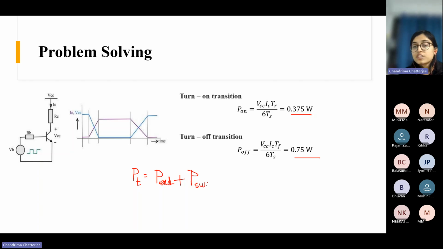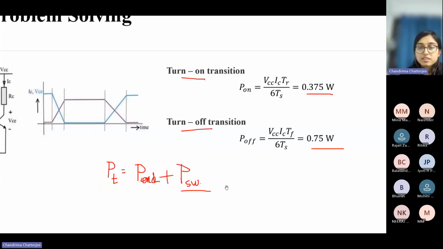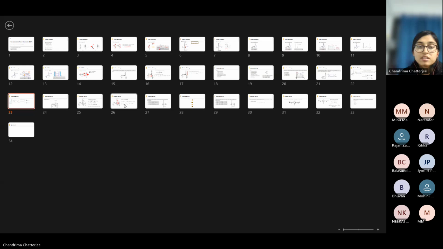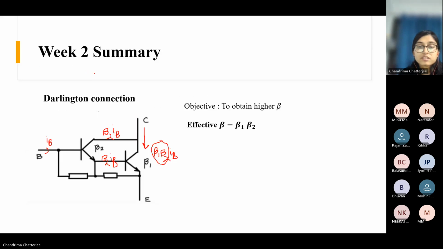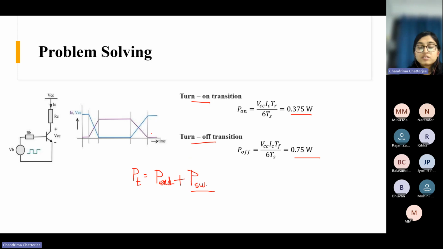Switching loss comprises this turn on as well as turn off, all these two losses. That is the total switching loss. So you can just add it and you have the total loss.